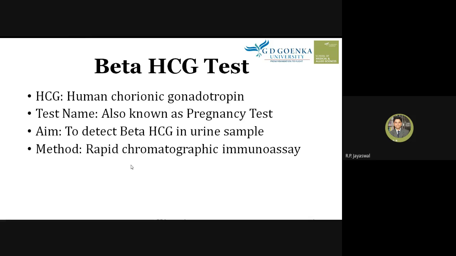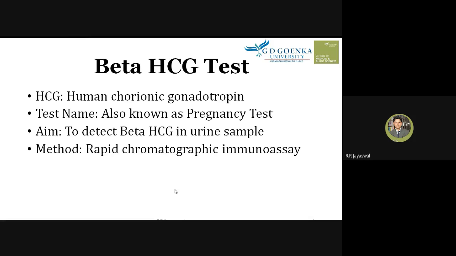And chromatographic means it is based on the chromatographic procedure, where there is a movement of the antigen, or what we call the hormone here. The hormones move through capillary motion, and it binds with a specific antibody against these hormones.